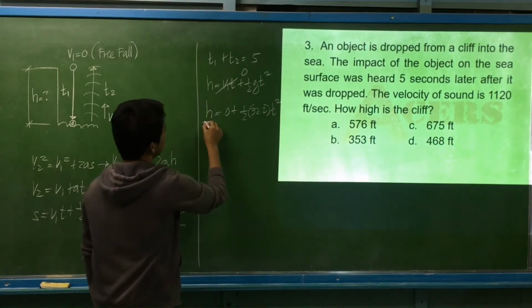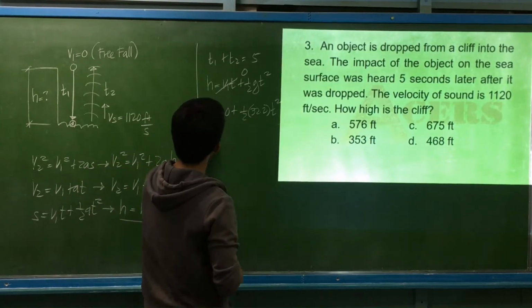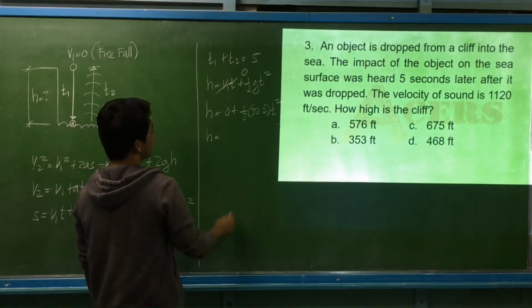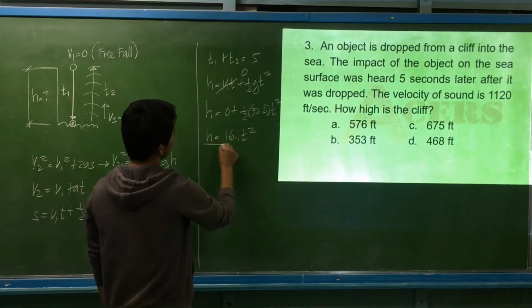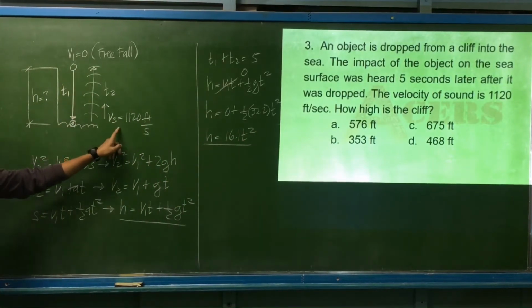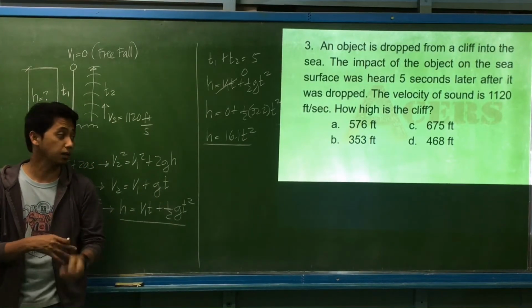This is our first equation, or we can simplify it: h is equal to 32.2 over 2, which is 16.1, times the time squared. And that is for the object. What about the sound? Is the sound affected by gravity?